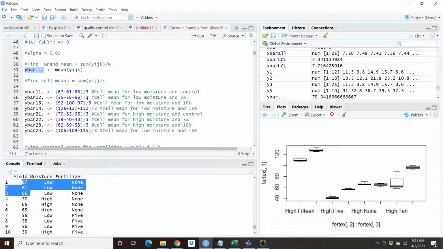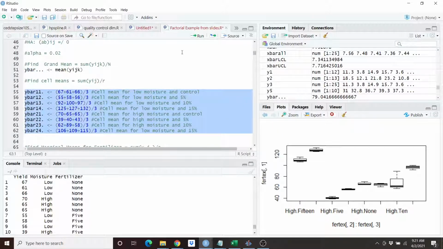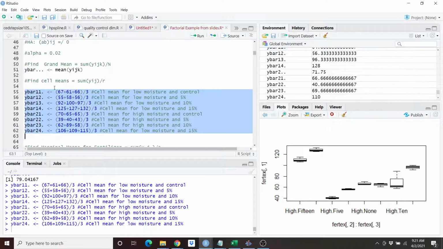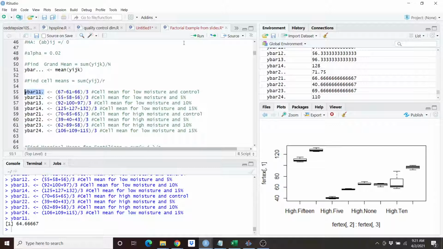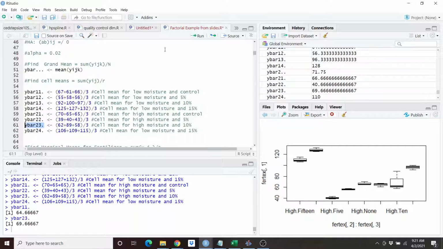That's 3. And I'm going to do this for each of these different cell means. And so I'll highlight all of these and just run them. So notice y bar 11 dot, we get a value of 64.66667. And y bar 23 dot, we get 69.66667.